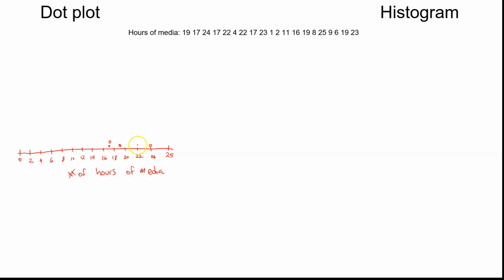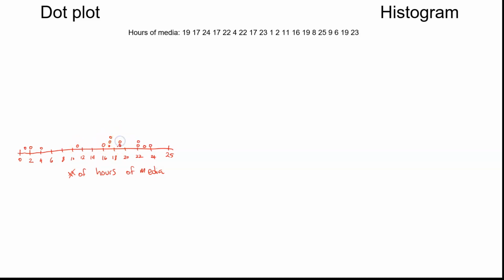Then I have 22. Another 22. 17 again. 23. Let's go right here. 1, 2, 11, 16, 19.